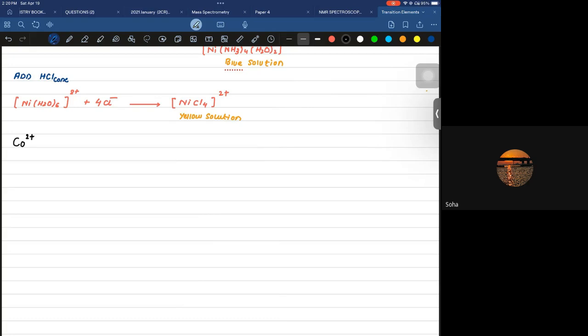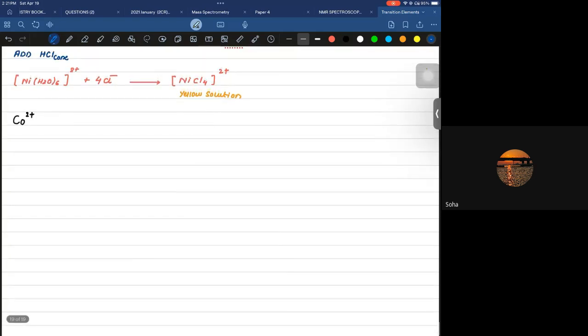Cobalt, when it reacts with water, it's going to form this, with 6 water ligands and the overall charge is +2. And this is pink in color.